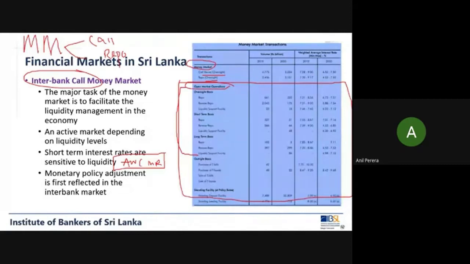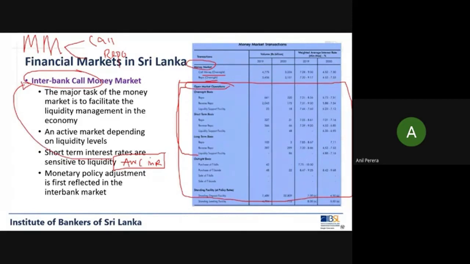It's the operating target of the central bank. Remember, the central bank is conducting monetary policy to manage this call money rate, the average weighted call money rate. That rate is decided by the borrowings and lendings in this call market.